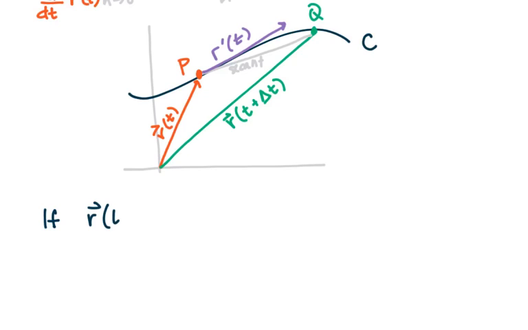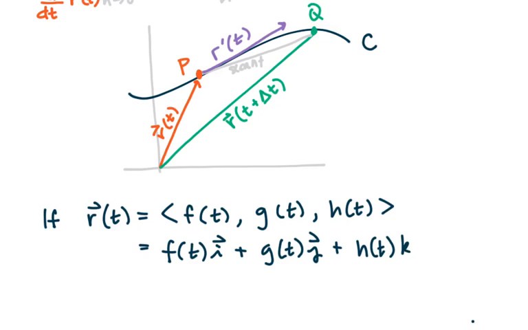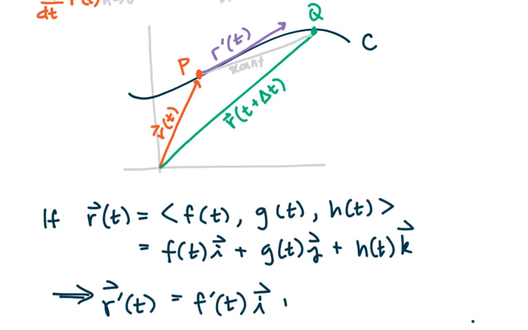If r of t is created by these components, f of t i plus g of t j plus h of t k, then what we can state for r prime of t is f prime of t i plus g prime of t j plus h prime of t k.